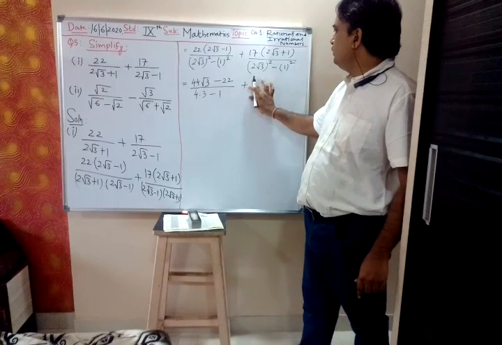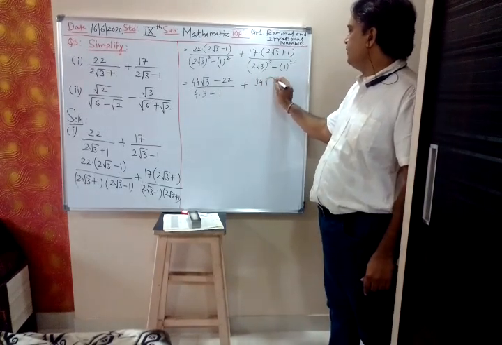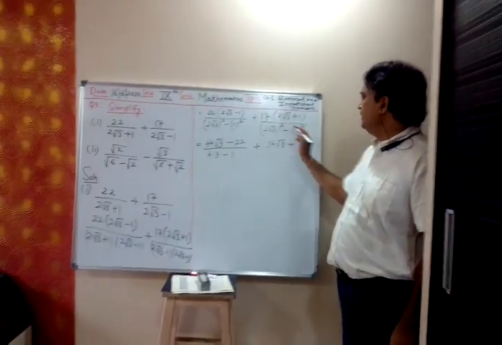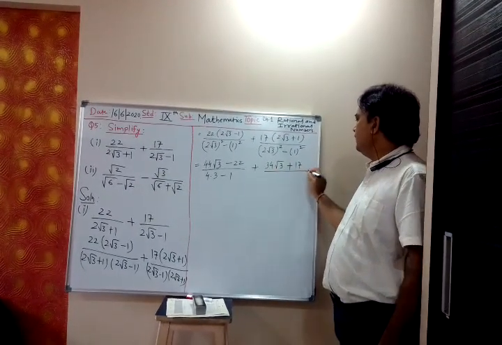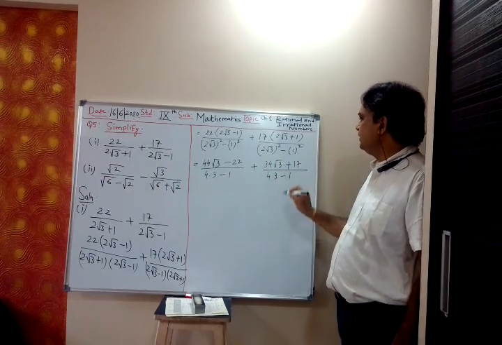Plus 17 into 2 root 3, open the bracket, that is 34 root 3 plus 17 into 1, 17 upon 2 root 3 square is 4 into root 3 square is 3, minus 1.